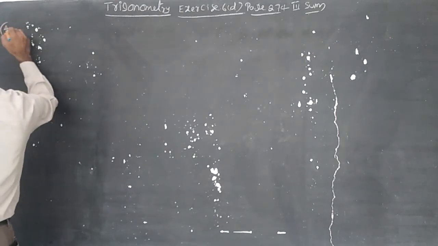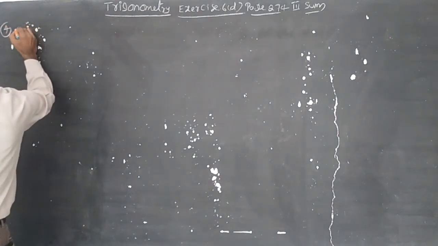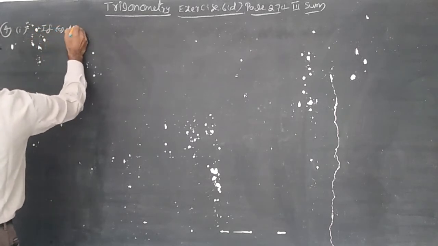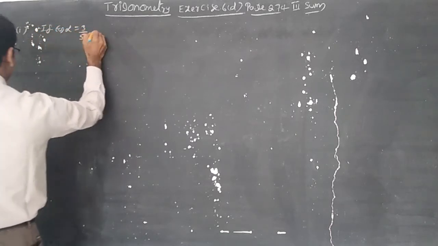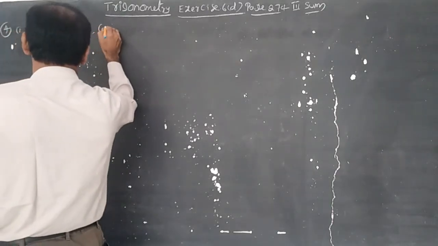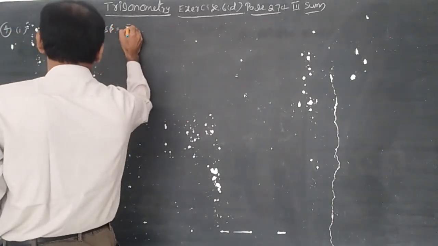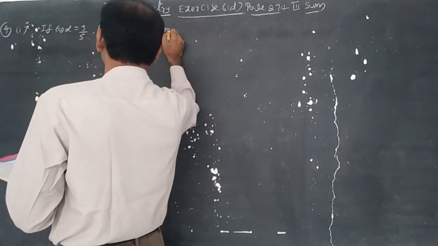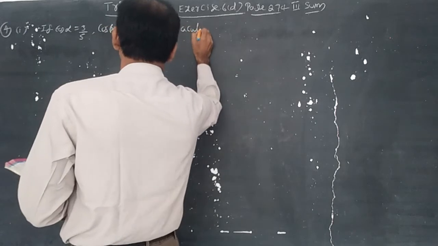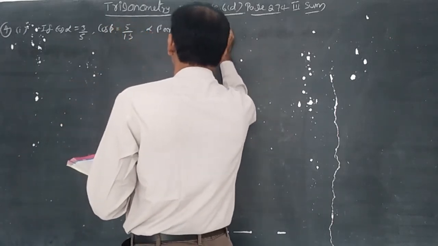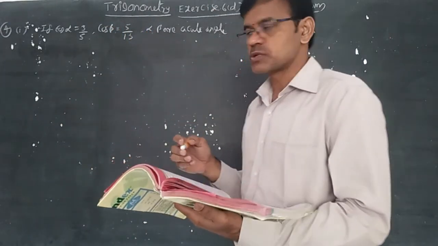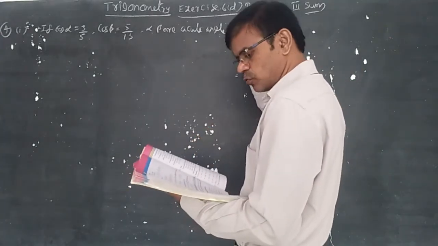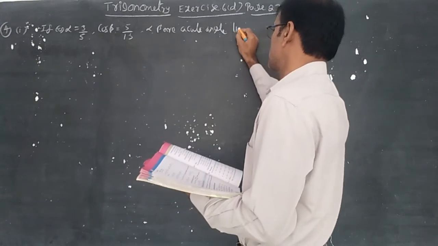Roman number 3, fourth question, first part. If cos alpha is equal to 3 by 5 and cos beta is equal to 5 by 13, alpha, beta are acute angles. Whenever alpha, beta are acute angles, we can understand that they are below 90, so alpha and beta are in Q1, first quadrant.